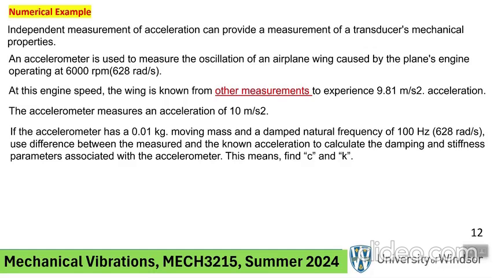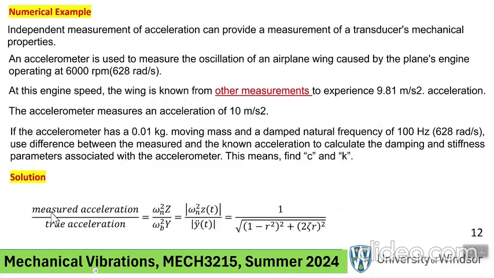Okay. Now, out of these two pieces of information and what we're told here up here from an independent source and what we did, we want to estimate the value of omega n and zeta, or get our C and K. Okay. So here's what we have.